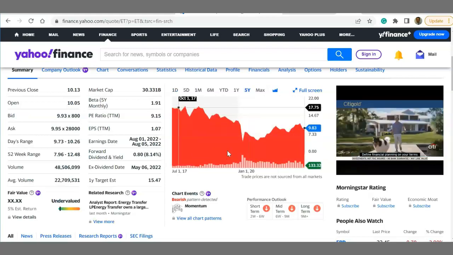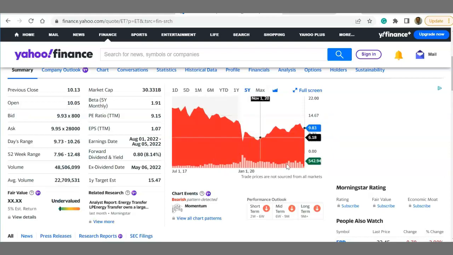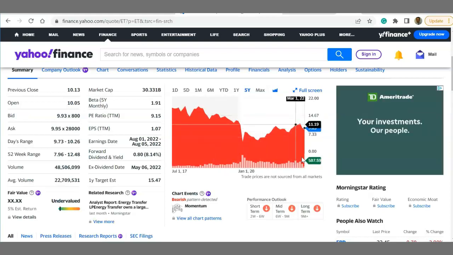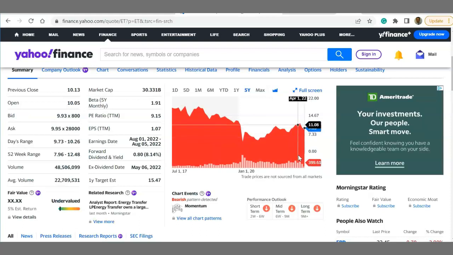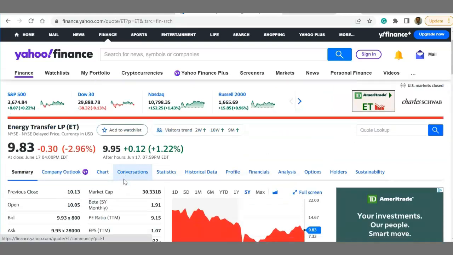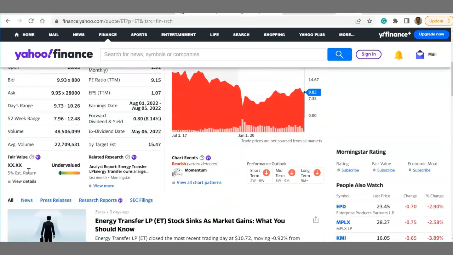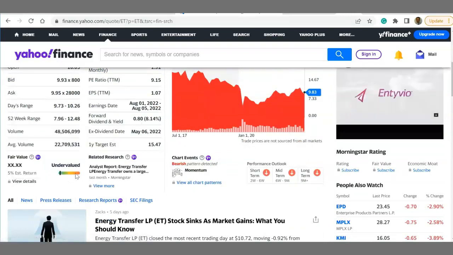In the last 5 years, the company is technically doing fine, and the average of the last 5 years is about $11, right? And right now it's $9.83. See that? And if you look here, it even says that it's undervalued.